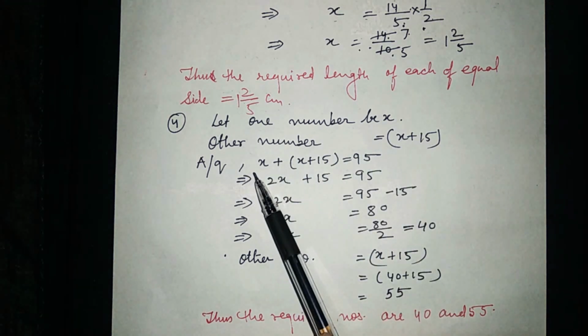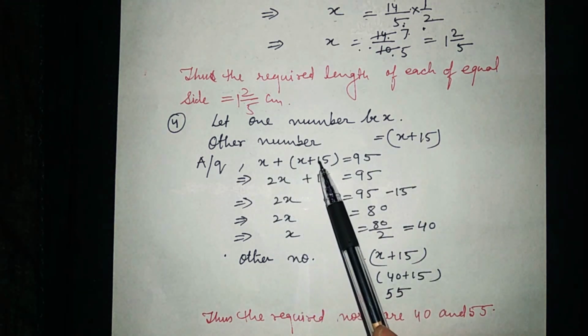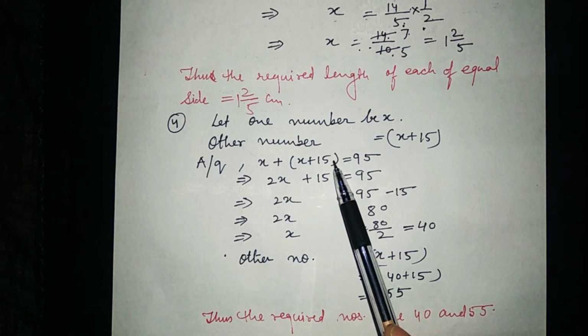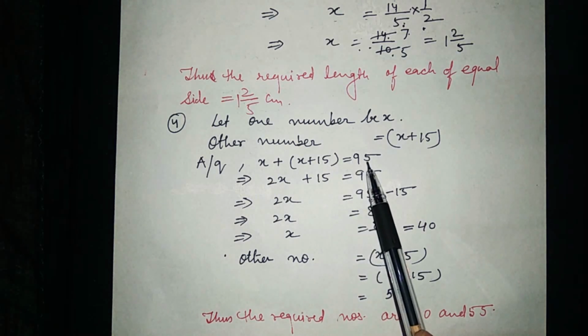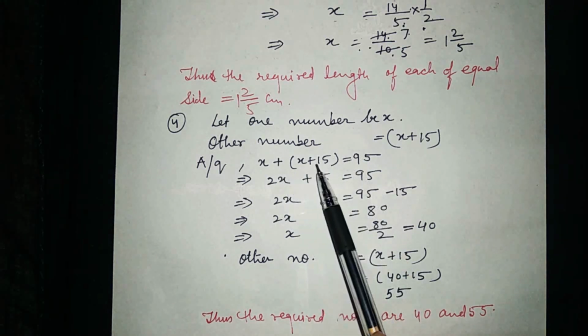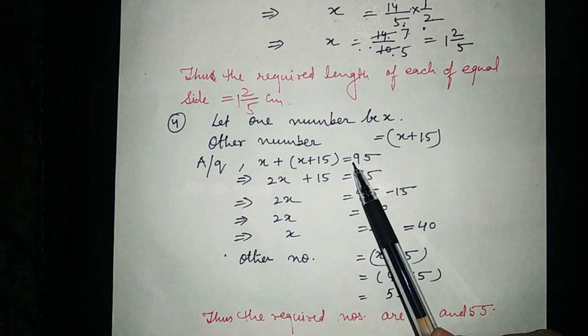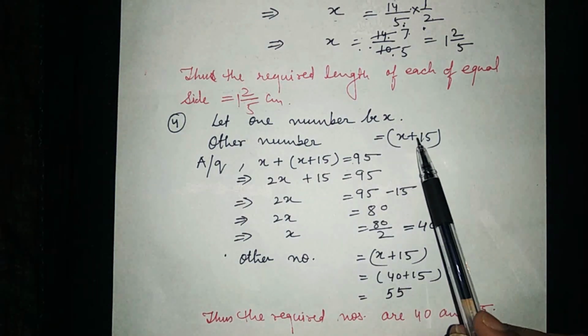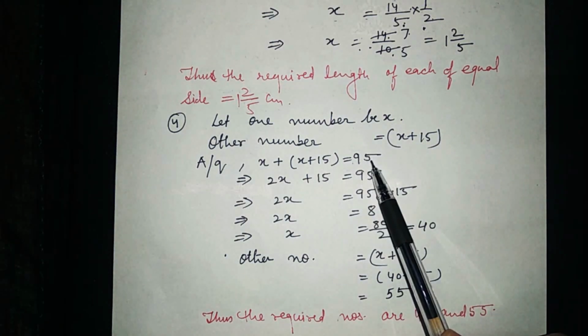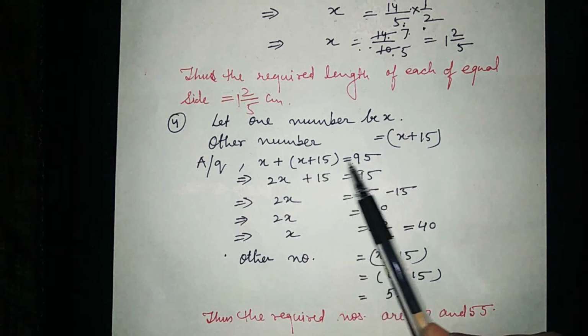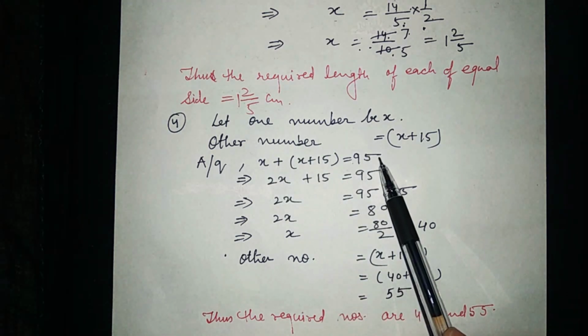So according to the question, x plus x plus 15 is equal to 95, because the sum of the two numbers is 95. So the sum of these two numbers is equal to 95. x plus x plus 15 is equal to 95.